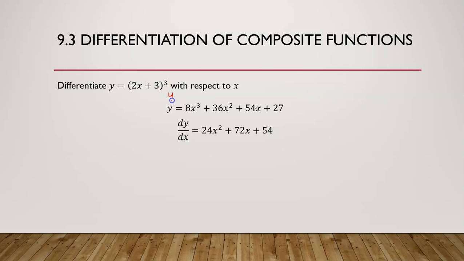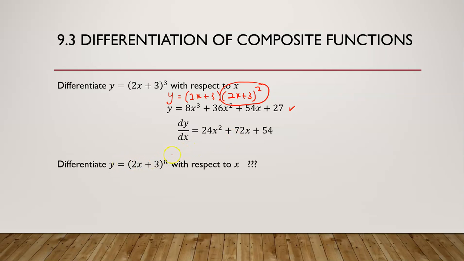So how do we expand this? You split this power 3 into (2x plus 3) and (2x plus 3) squared, and then you expand the second one, power 2, then we multiply with the other bracket, then you get this. And then you differentiate, you will get 24x squared plus 72x plus 54.